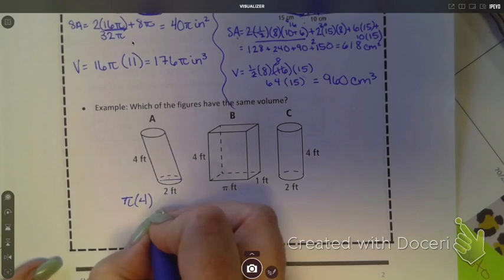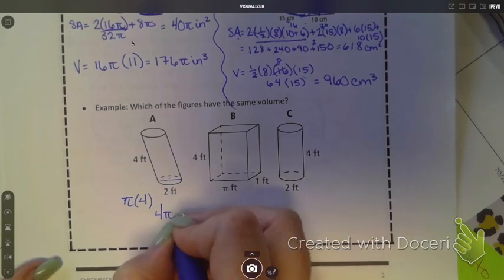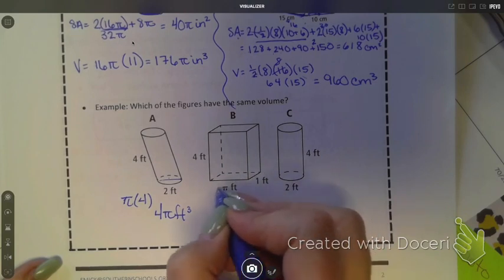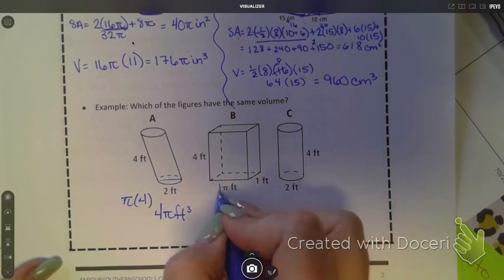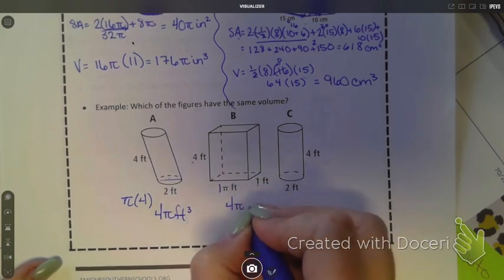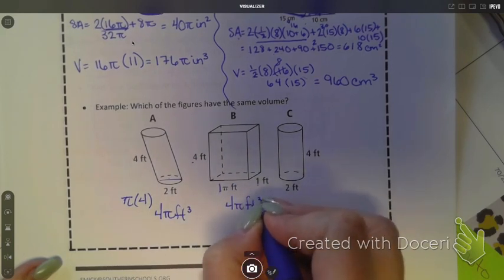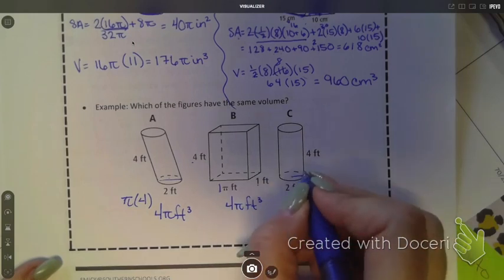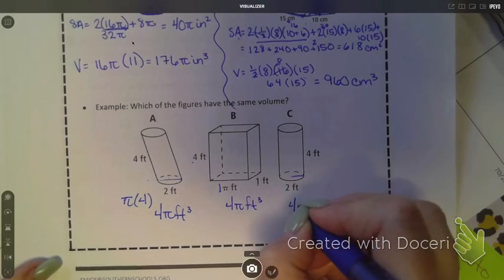So it would be 4 pi feet cubed. This would be 1 pi times 4, which would be 4 pi feet cubed. And this one is the same as this one, right? So they're all the same.